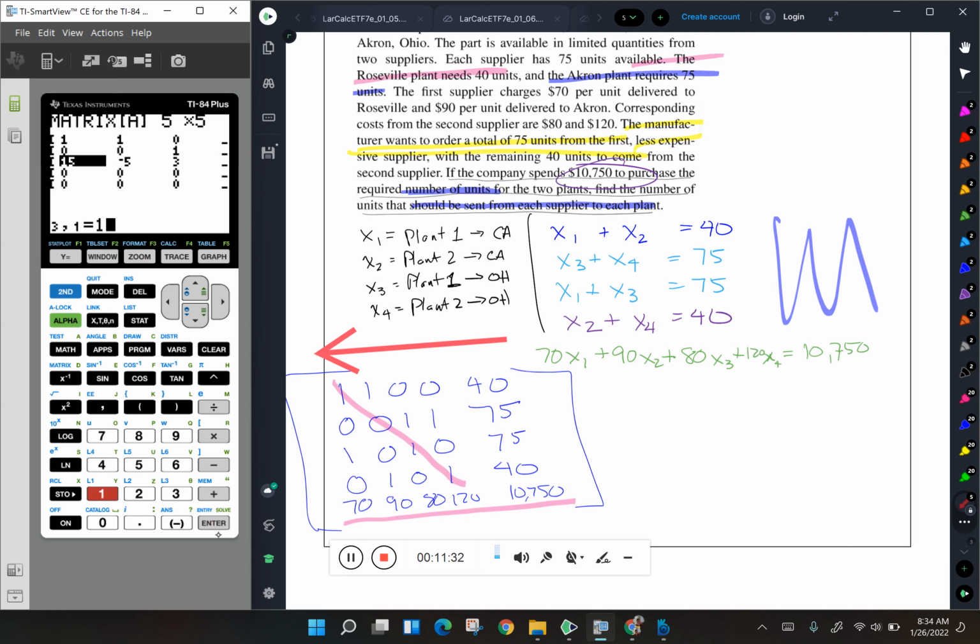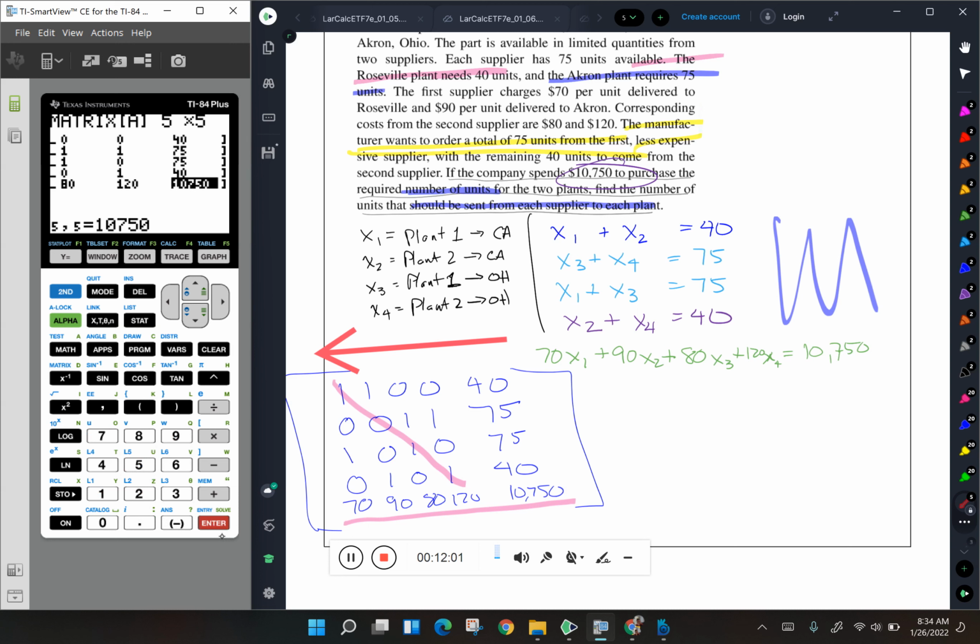Third row is 1, 0, 1, 0, 75. The fourth row is 0, 1, 0, 1, 40. And the last row is 70, 90, 80, 120, 10,750.